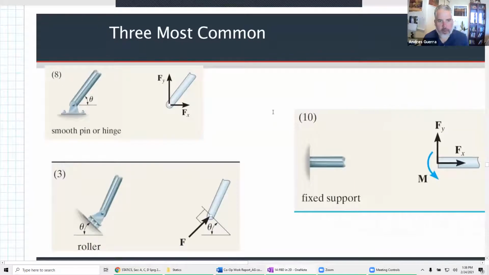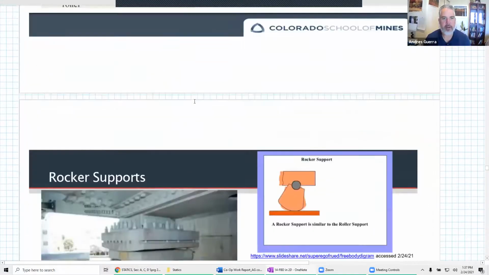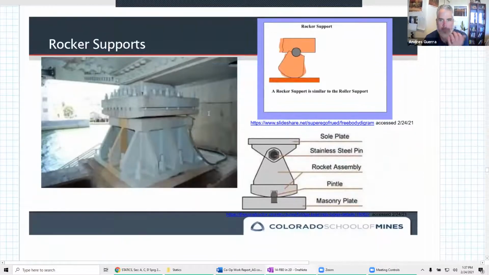Okay, the 3 most common, and we talked about smooth pin, the roller, and the fixed support there. Those are the 3 most common in practice that we see around. A rocker support. Here's some pictures of rocker supports. Same idea as a roller and same idea as a smooth contact. I just want to show these pictures to get a better idea, right? The rocker allows that translation in the horizontal direction for these pictures.